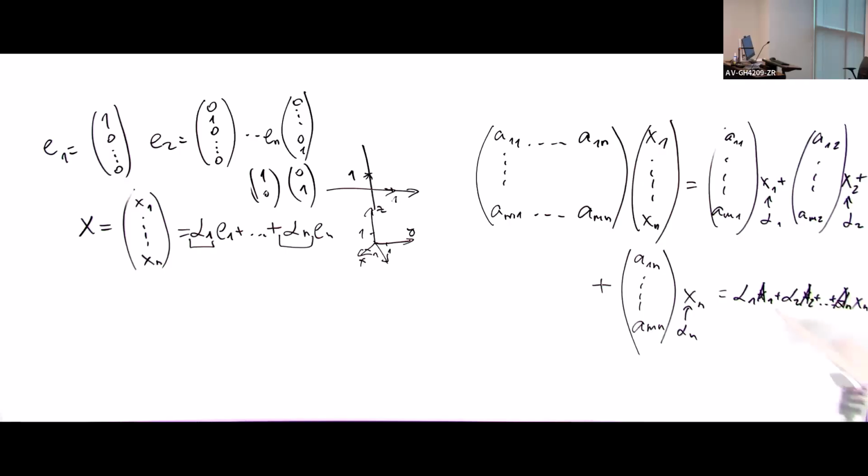So it's a linear combination of columns of A. By definition, a linear combination of columns of A is the column space of A. This is A times X, so this is vector B. So B equals a linear combination of columns of A.